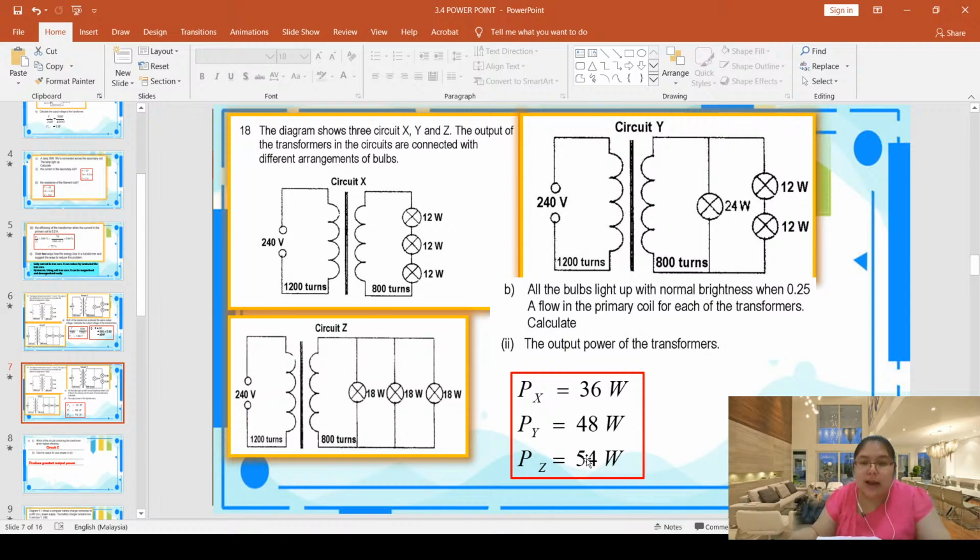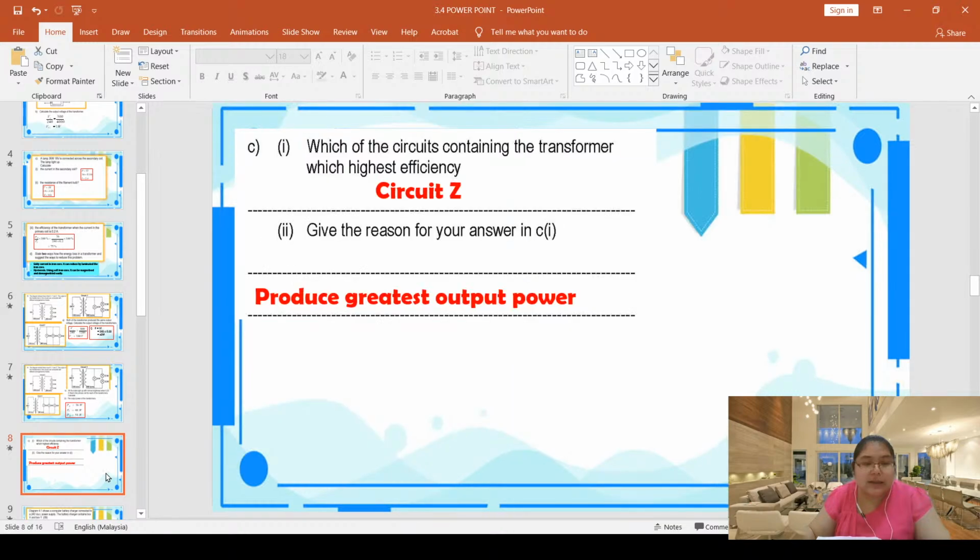The answer is surely Z. Z is 54, so you lost only 6 watt. So the answer for C should be circuit Z. Circuit Z produces the highest efficiency. Why do we say this? Because it produces the greatest output power. So that is the reason.